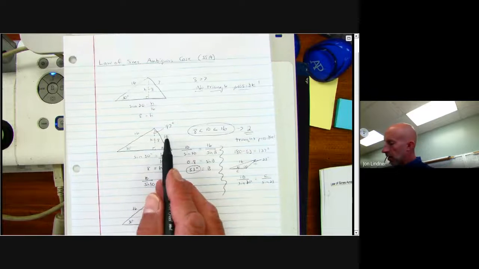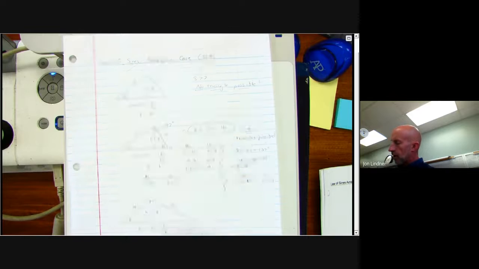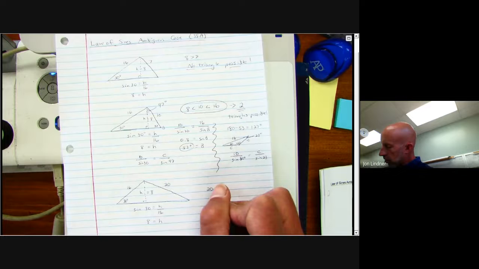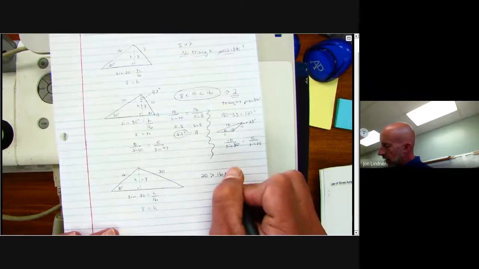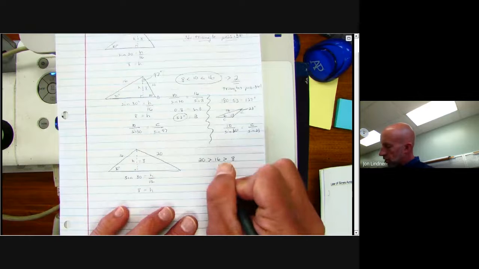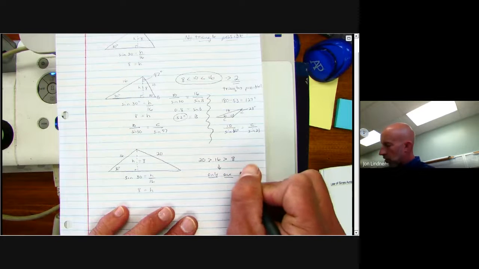Notice up here, this side was smaller, so they've kind of flipped. So when this side is bigger than the side that is adjacent to the given angle, and that is bigger than the height, there is only one triangle possible.